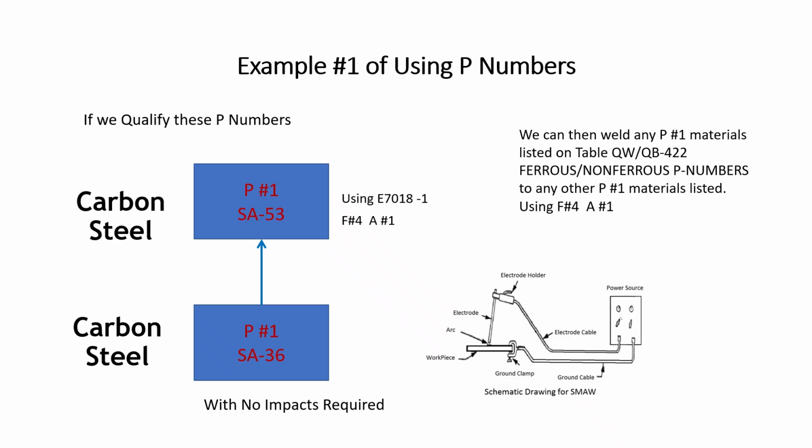So we weld these two together. Well, we can then weld any of the P number 1 materials listed on table QW/QB-422 to any other P1 material listed. But we have to use this shielded metal arc welding with an F4A1 filler material. But we won't worry about that too much now. Using that welding process, we can use any P1 base material and weld it to any other P1 base material.